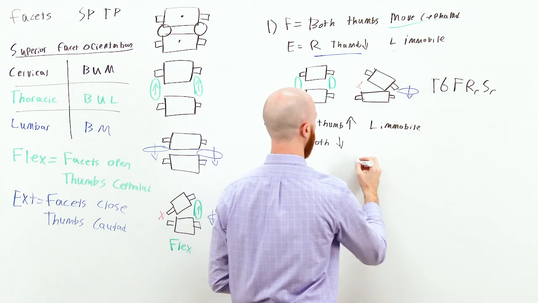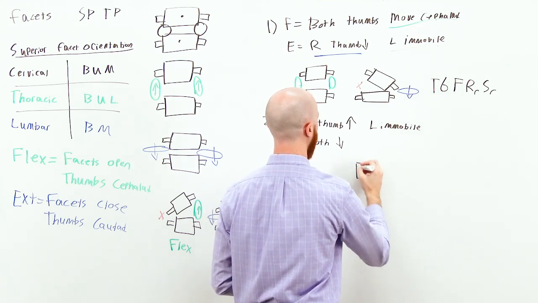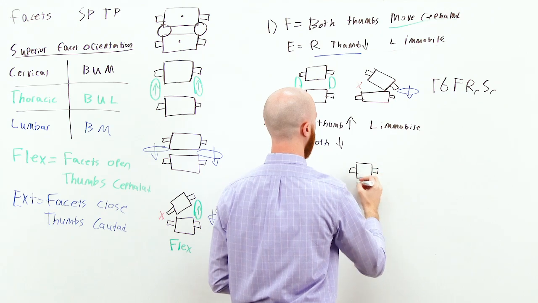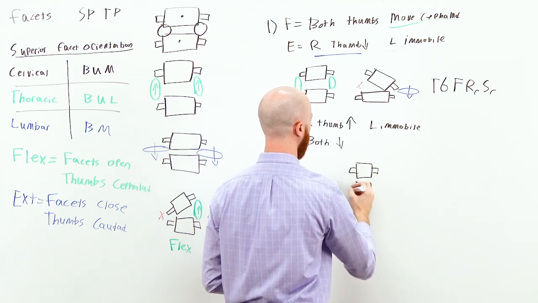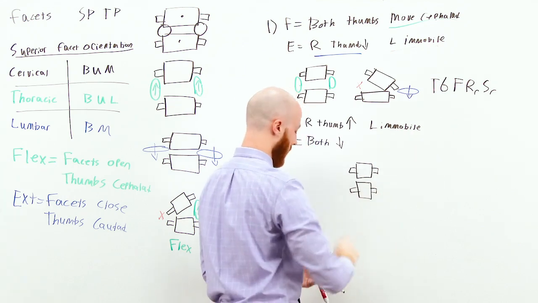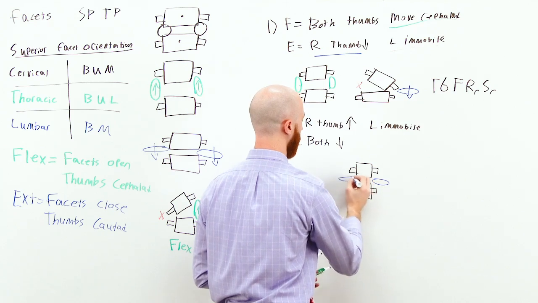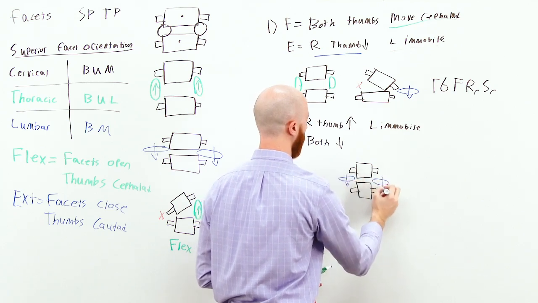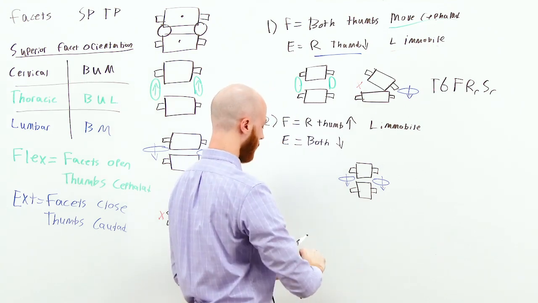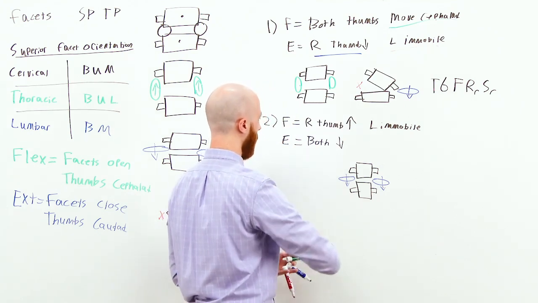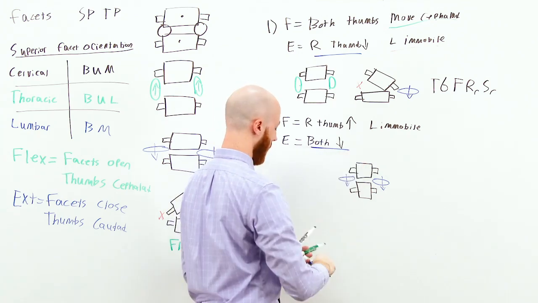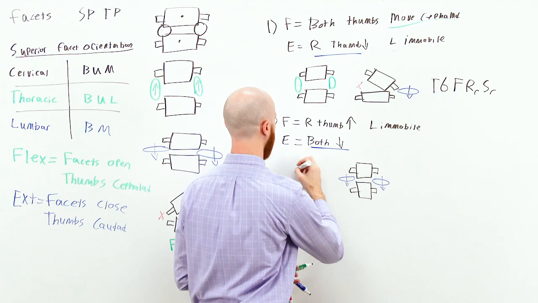So during extension, we know that both thumbs move normally. So both facet spaces get squished closed, and your thumbs move down normally. So now we're going to draw during flexion.